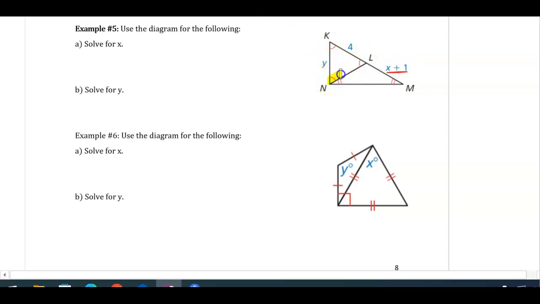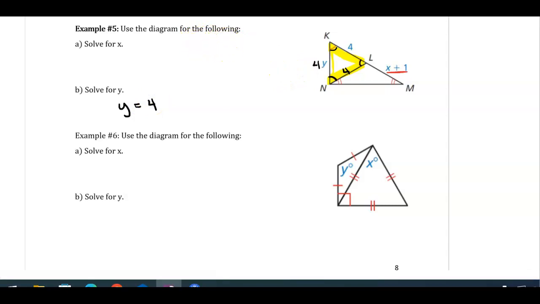If I take a look at this triangle right here, notice that this angle and this angle all have the same markings, which means it's an equiangular triangle. If it's equiangular, all three sides are going to be equal as well, which means this side's going to be 4 and this side's going to be 4. So y equals 4. That's the easiest thing to do.